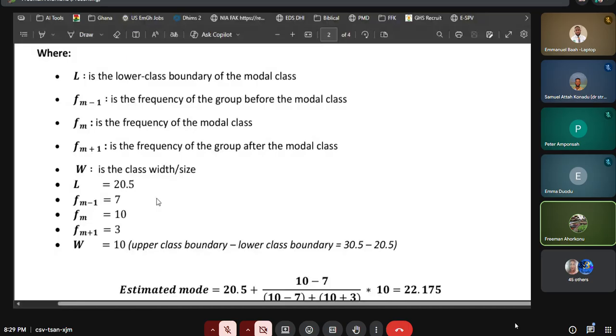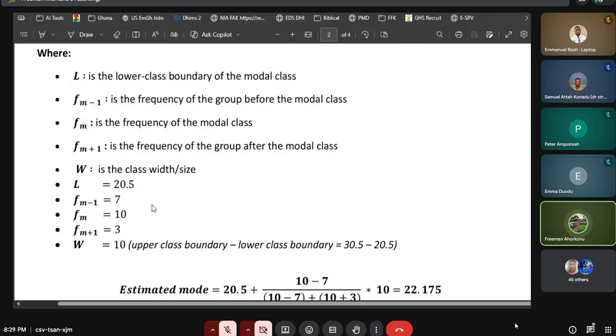Class width, you take the lower class boundary from the upper class boundary. Even if you don't do that, you can count 21, 22, 23, 24, 25, 26, 27, 28, 29, 30.